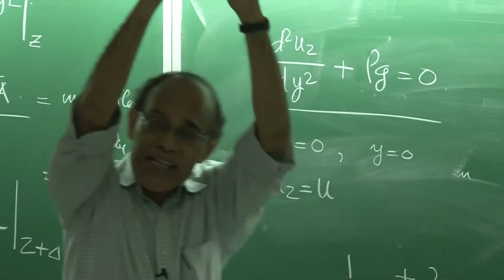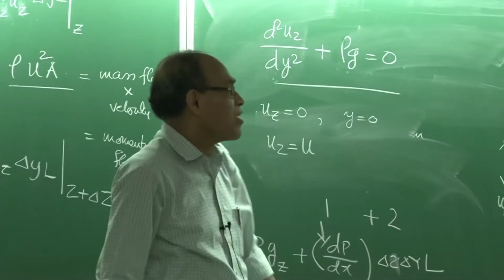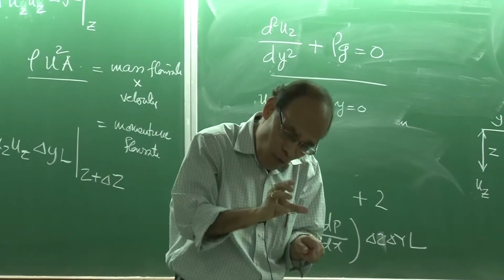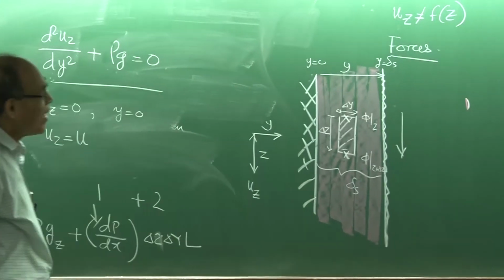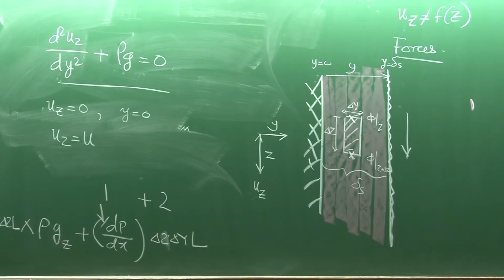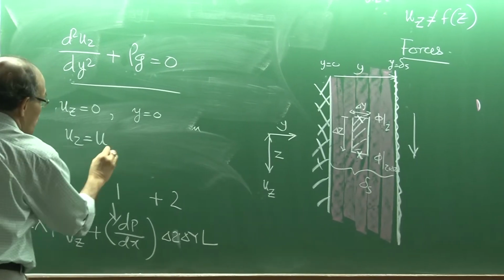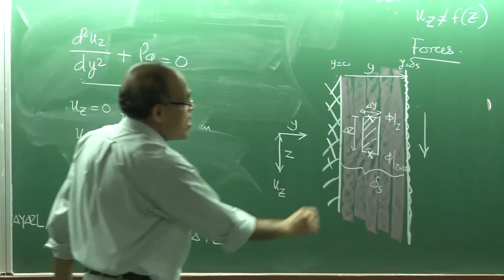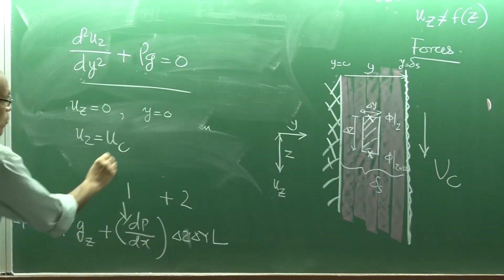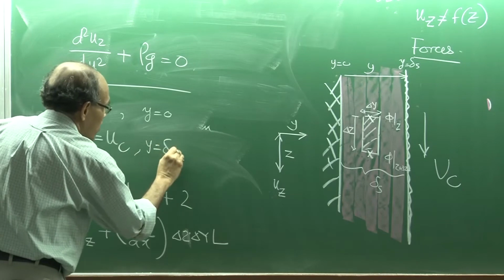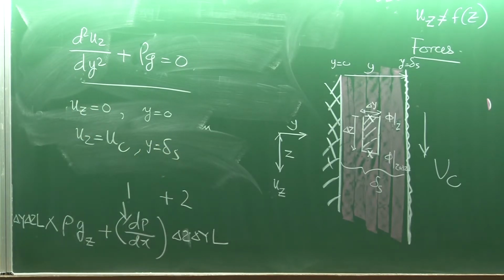If the casting surface is moving with a certain velocity, the layer of fluid in contact, in this particular case the liquid slag, also moves with the same velocity. So, if we say Uc is the casting velocity, capital U sub c, at y equal to delta S. So, now the problem is defined.